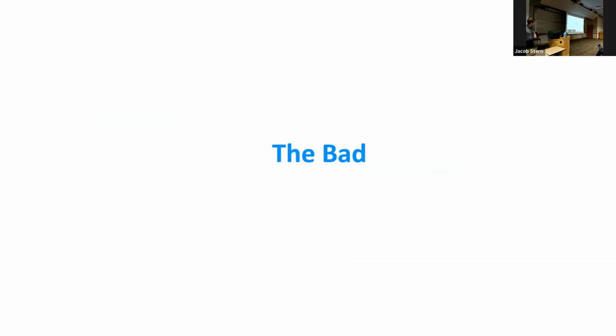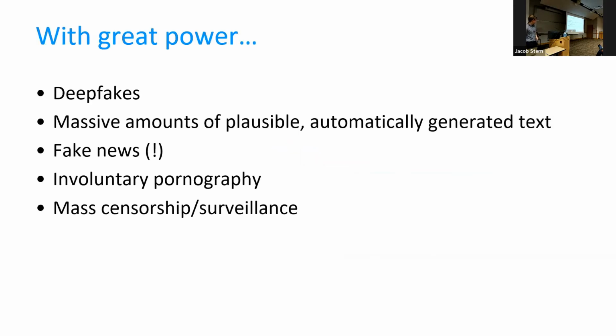However, there have been some bad applications, and I expect they will only begin to multiply. We're not going to dwell on them for too much time in this lecture, but just a couple of examples. You may have seen deepfakes, which are basically videos designed to look and sound like someone saying something that they did not say in real life.